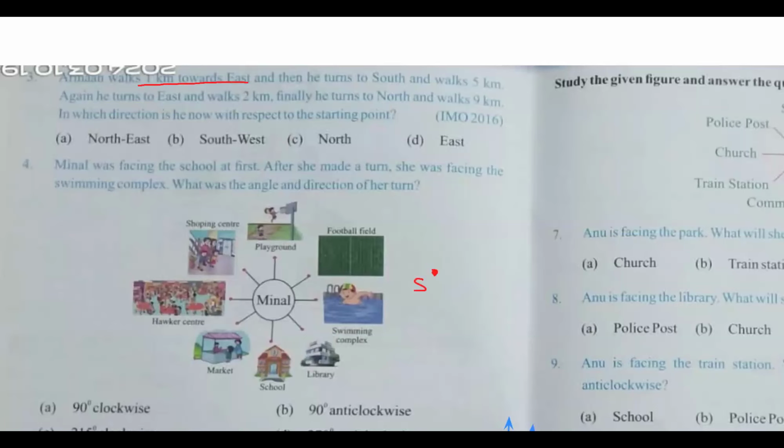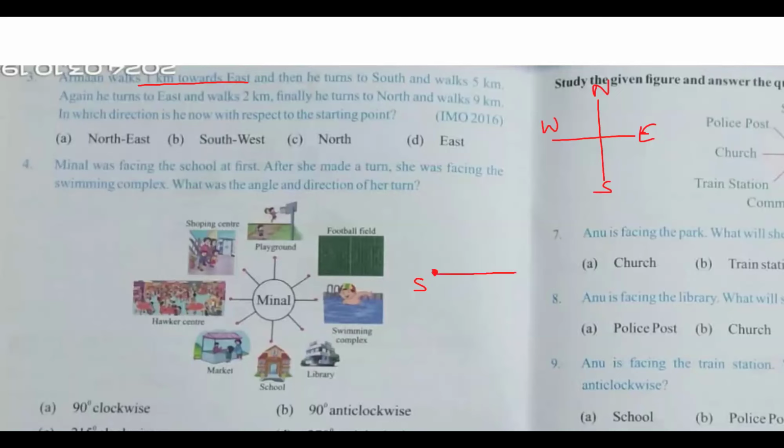So first of all, he walked 1 kilometer towards east. Let us make the directions over here so that we don't get confused. This is north, south, east, and west. So he walked 1 kilometer towards east. Towards east means towards the right hand side.